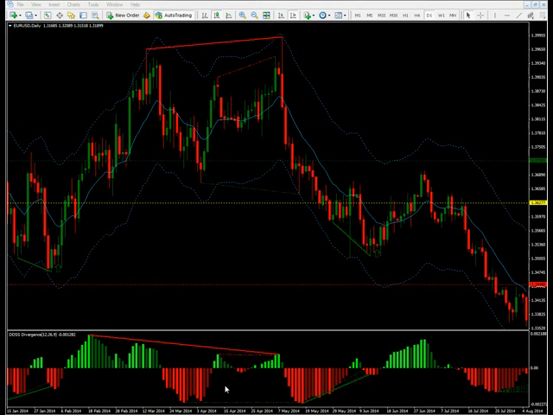Sometimes divergence will be canceled when subsequent price action and MACD histogram movement makes the divergent situation no longer true. So if we take a look at this green dashed line, we did have a divergent situation occur when we had a lower low and then a higher low on the MACD histogram.